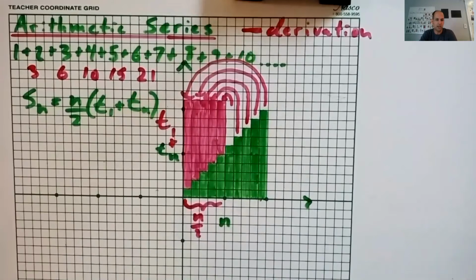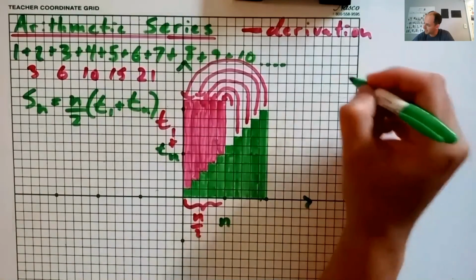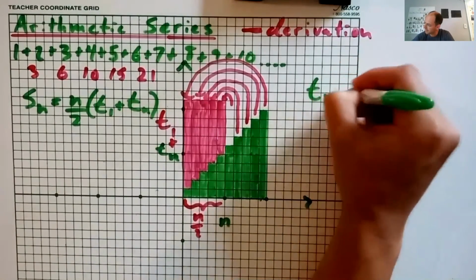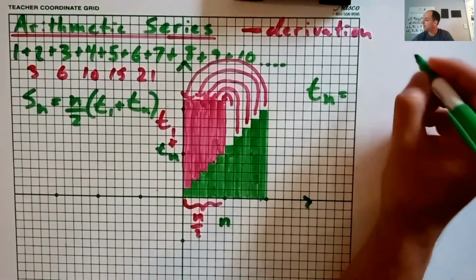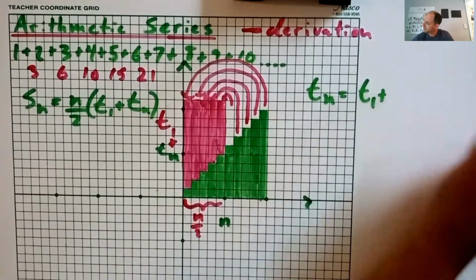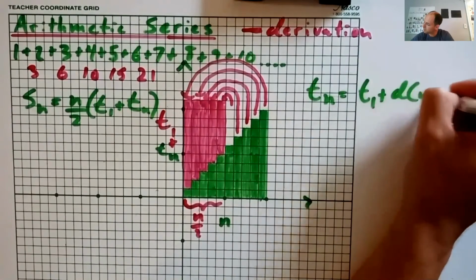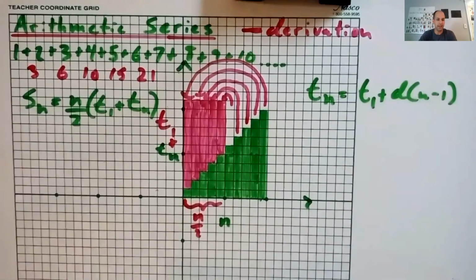Now, let's say we didn't know what the last term was. If we wanted to import our equation for an arithmetic sequence, which is tn equal to t1 plus d times n minus 1, we can plug that into this formula and come up with the sum of the numbers in an arithmetic series if we didn't know the last term, but we knew what the common difference was, d.